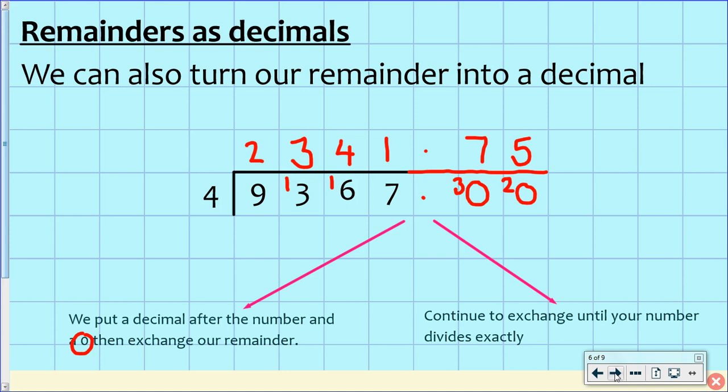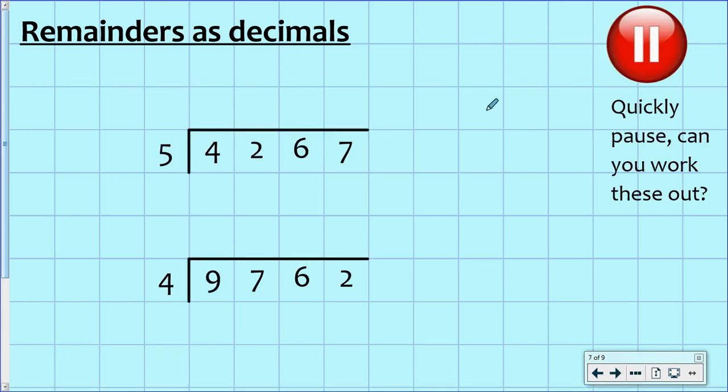Okay, so again, let's look at those 2 calculations, but how are we going to write them as decimals this time? So let's go through them. 4 divided by 5, I can't do that, 4 is too small, so no groups. I've still got those 4 thousands, so they're going to become 40 hundredths, 42 hundredths.